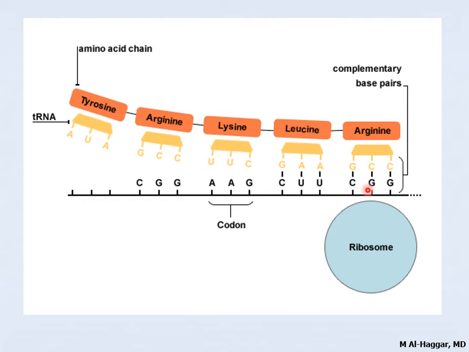So it calls for the transfer RNA, which goes and picks up the corresponding amino acid for this codon, which is arginine, and puts it, and then the second codon for leucine, and so on. So a sequence of codons will give a sequence of amino acids, or a polypeptide protein, and this polypeptide protein is the one which controls the genetic trait.